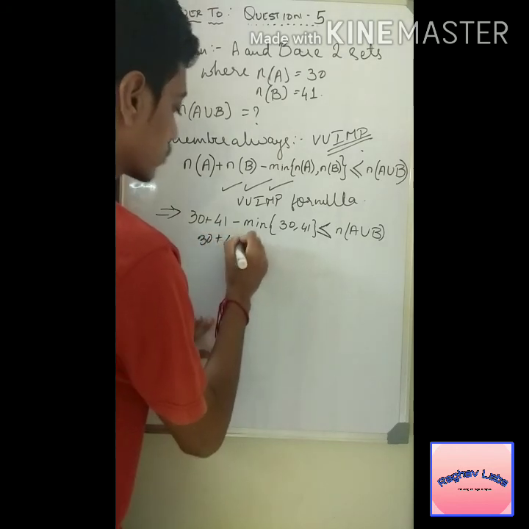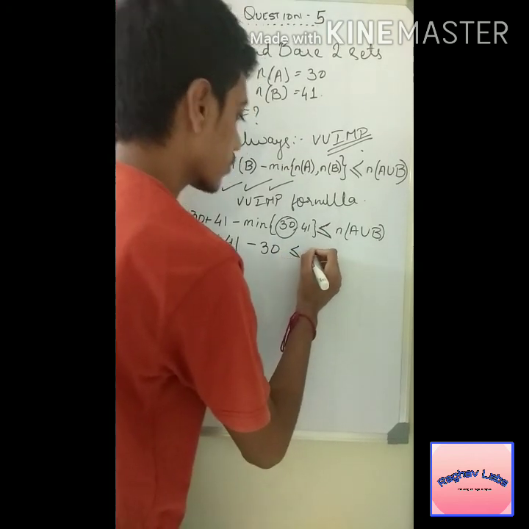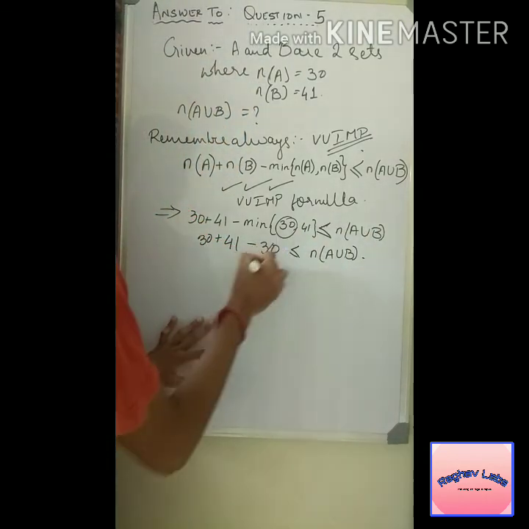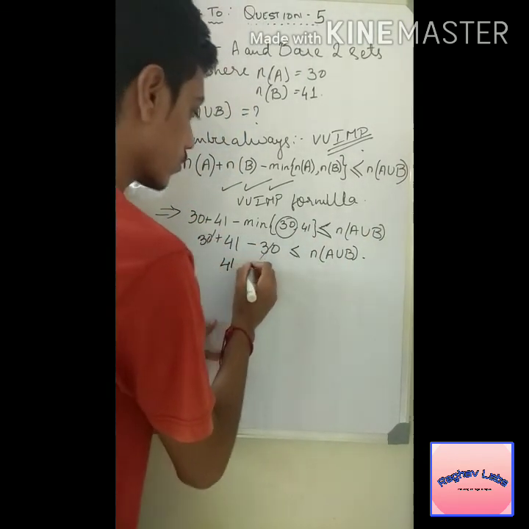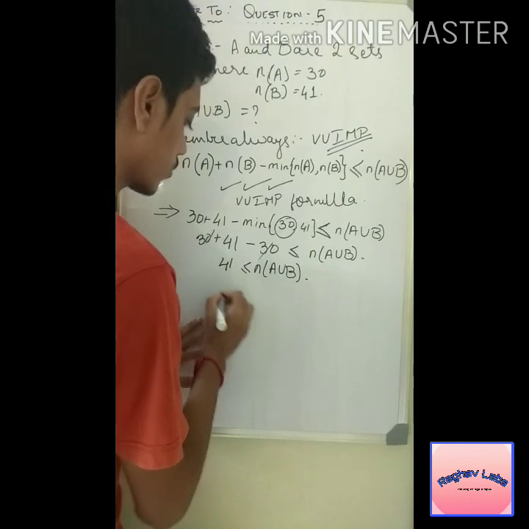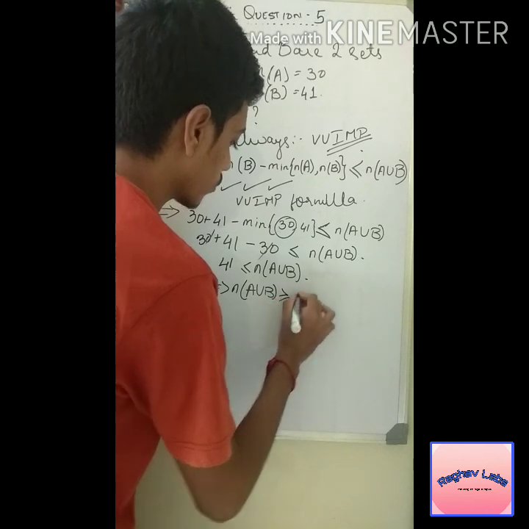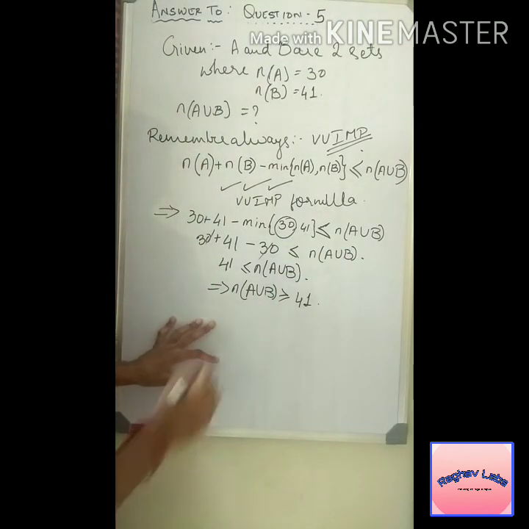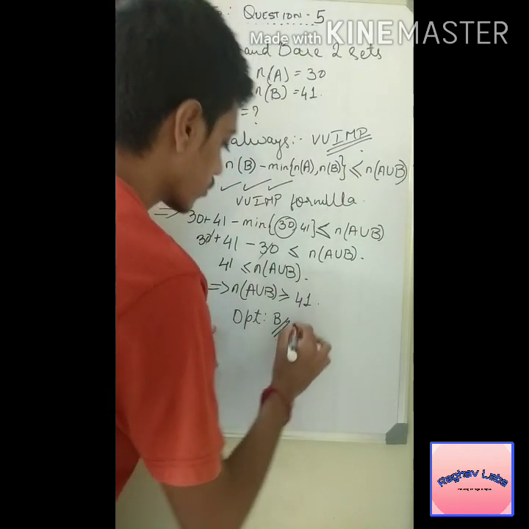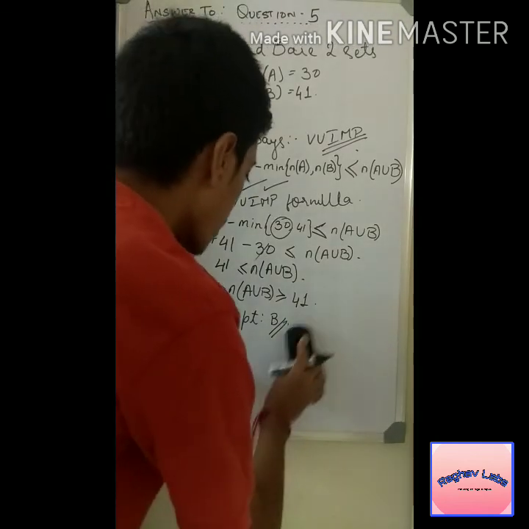So, 30 plus 41 minus 30 is always less than or equal to N of A union B. Here minus 30 plus 30 gets cancelled, 41 remains. So we conclude that N of A union B is greater than or equal to 41. Right? So the option is C.